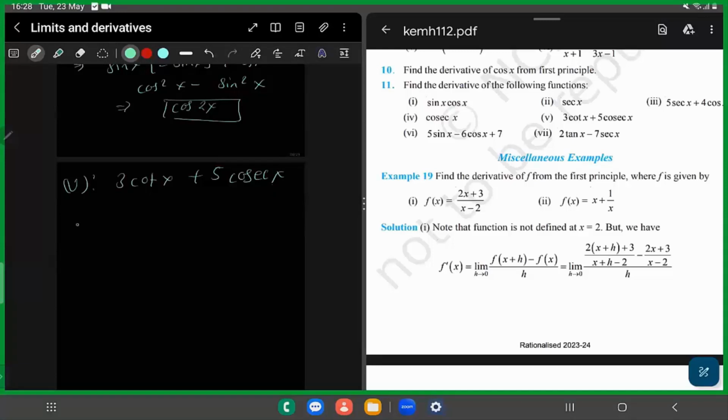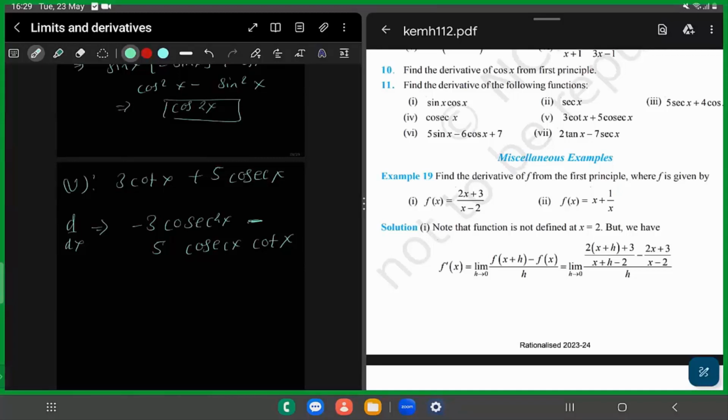So dy/dx is basically equal to minus 3 cosec square x minus 5 times cosec x cot x. This is a direct answer that you can write here, and you can further simplify it by taking cosec x common, but this isn't going to help much because this is already in a simplified form.